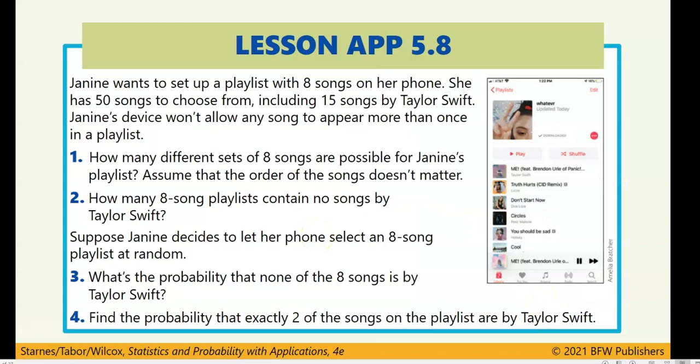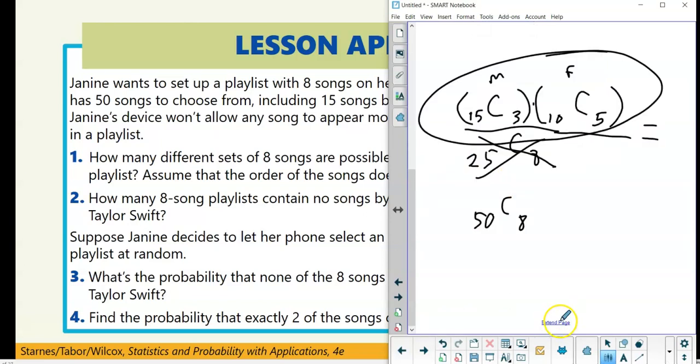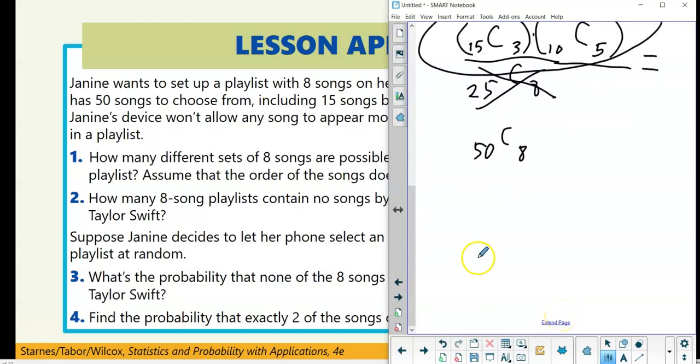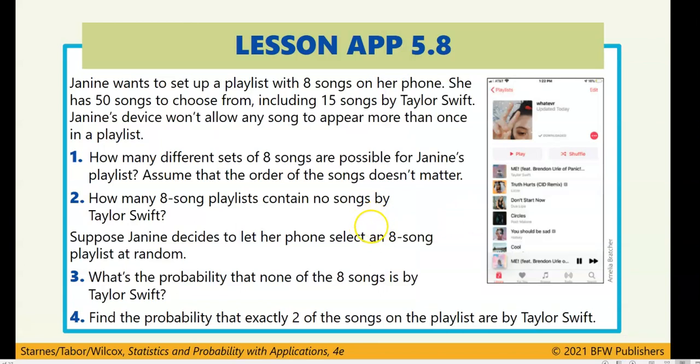How many 8-song playlists contain no songs by Taylor Swift? So now we don't want to have any of those 15 from Taylor Swift. Okay, so how many? Not probability, so I don't need a denominator. How many 8-song playlists contain no songs by Taylor Swift?